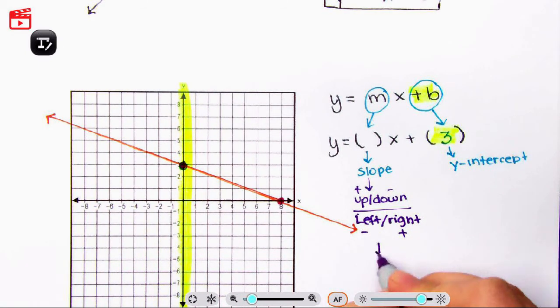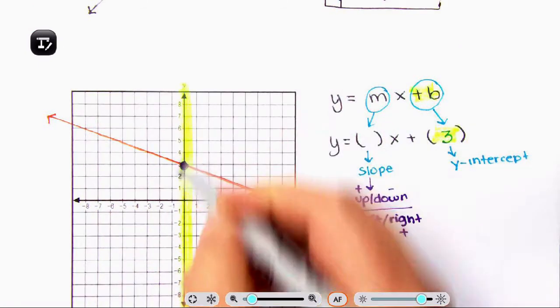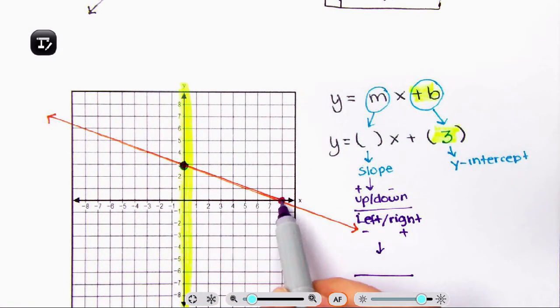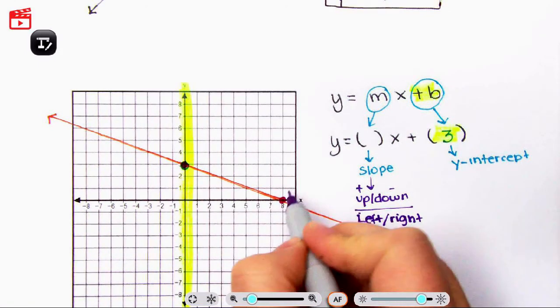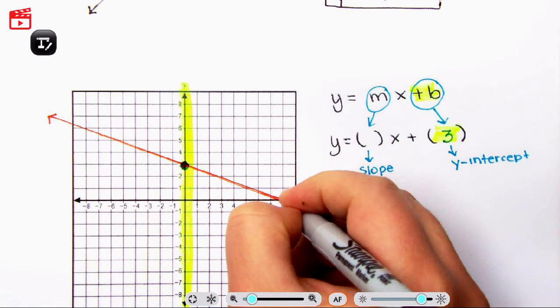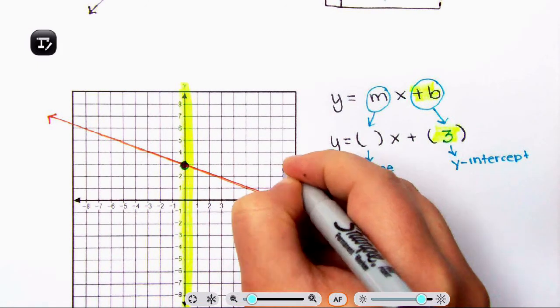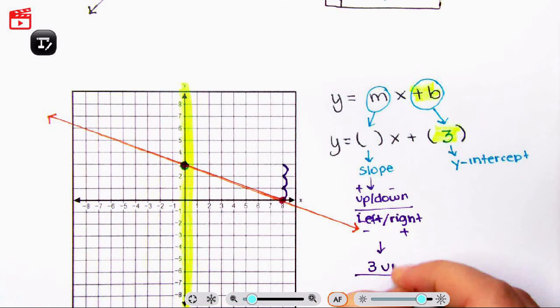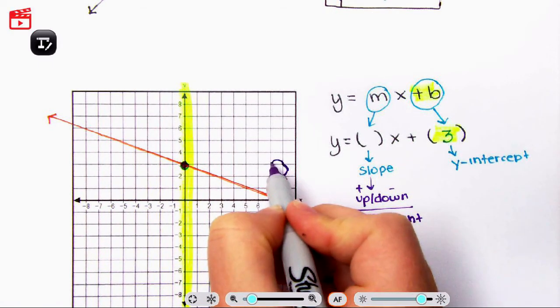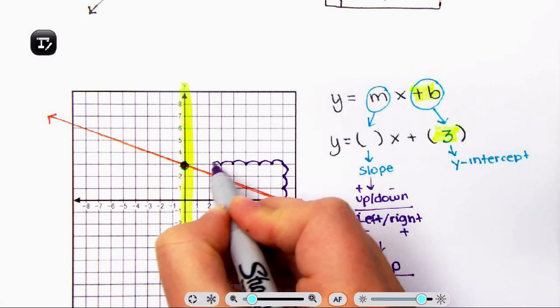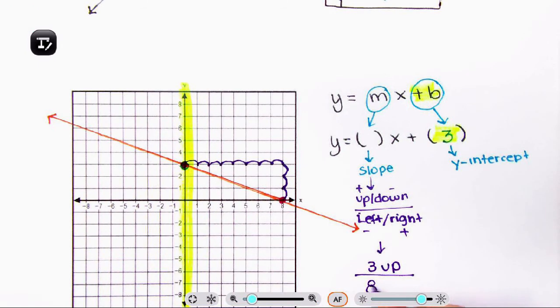So the top number is up or down. So am I going up or down? You can choose this point to go up, it doesn't matter. So if I choose this point to go up, I'm going to go 1, 2, 3 jumps up, 3 up. And then I'm going to go to the left, 1, 2, 3, 4, 5, 6, 7, 8 jumps to the left.